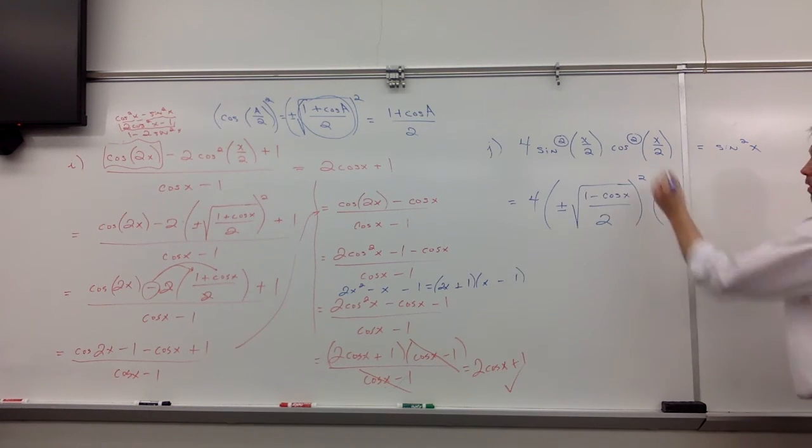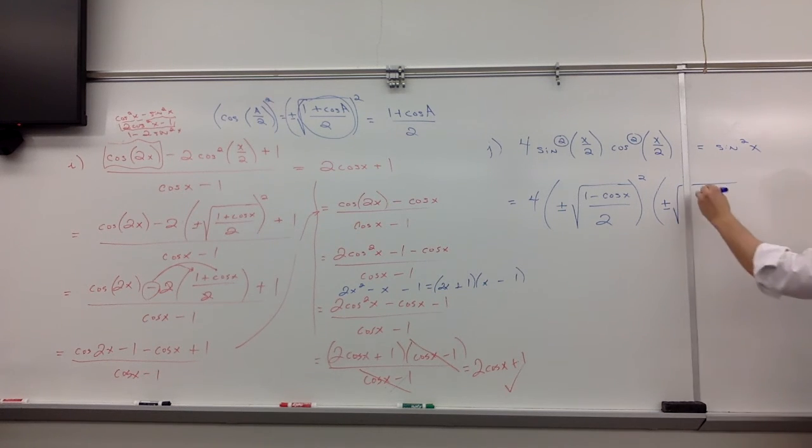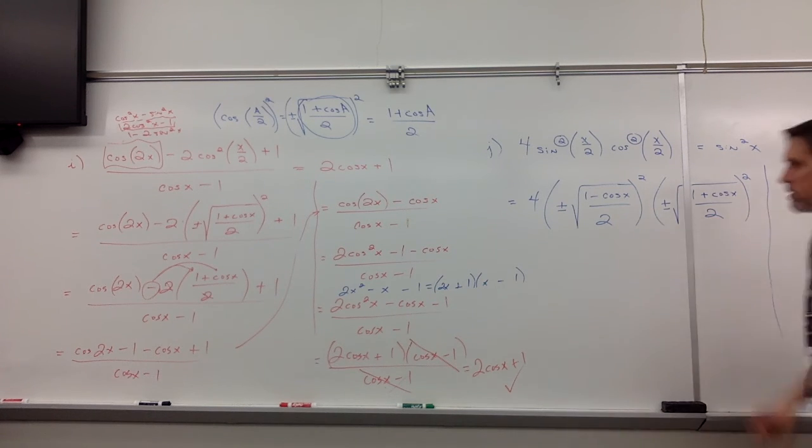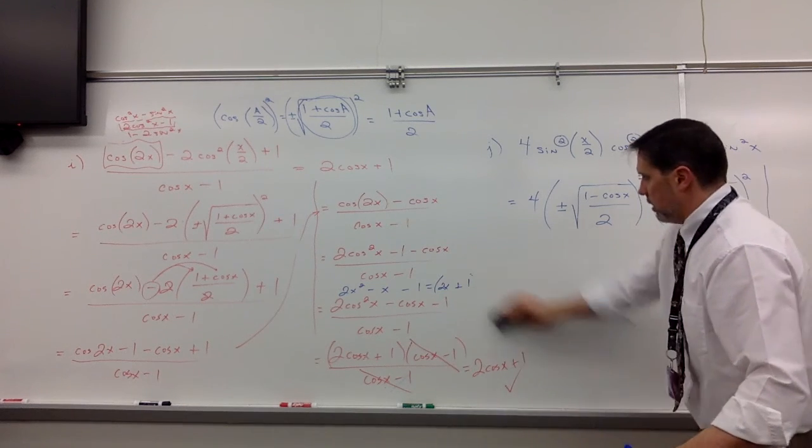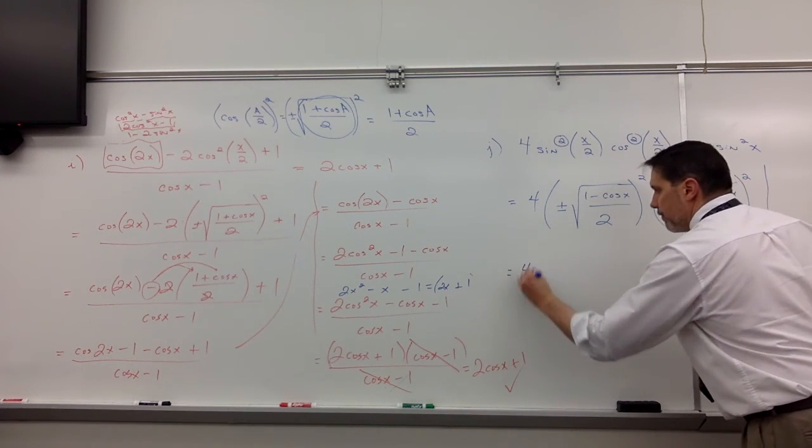And then same thing for cosine squared half angle would be plus or minus giant square root, nice bar in the way, 1 plus cosine x over 2, and we do have to square that. All right, I gotta be careful not to write past there. All right, that comes out really nice. We get 4.